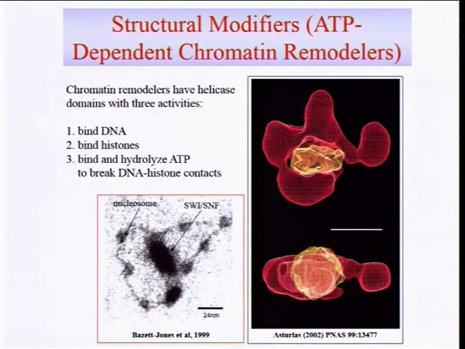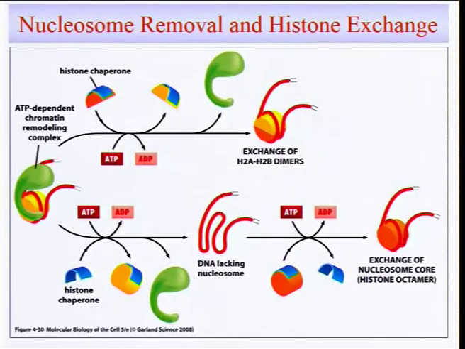So let's talk a little bit about the first group. Those are the structural modifiers that use the energy of ATP hydrolysis. They bind to DNA and nucleosome, and by doing so, they break histone-DNA contacts using the energy of ATP hydrolysis. These are huge molecules, and this is a nucleosome that they wrap around and try to affect, remove them, for example.